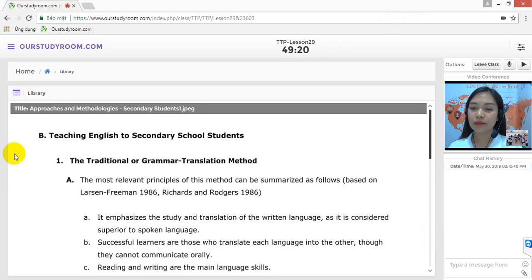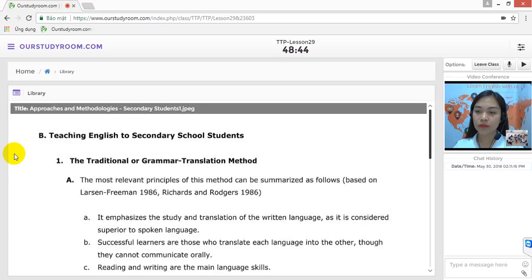The traditional grammar generation method. A. Most of the given principles of this method can be summarized as follows. As follows. Based on Latin Freeman, uh, 1986, Richard and Russell, 1986.